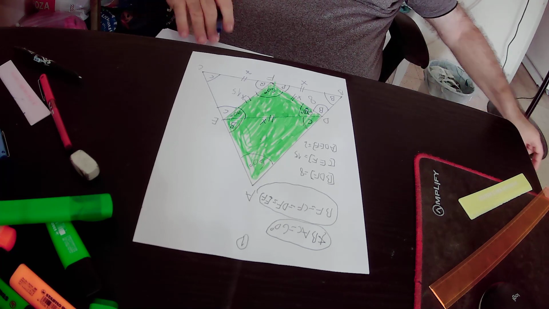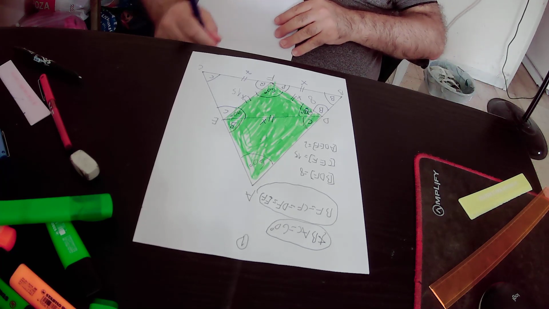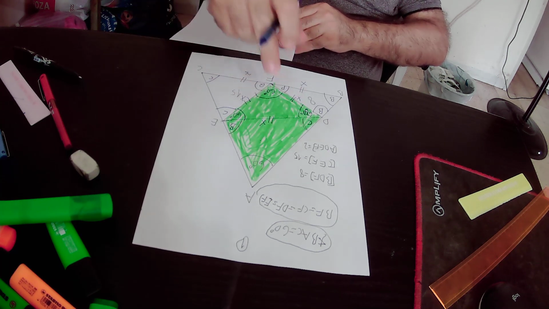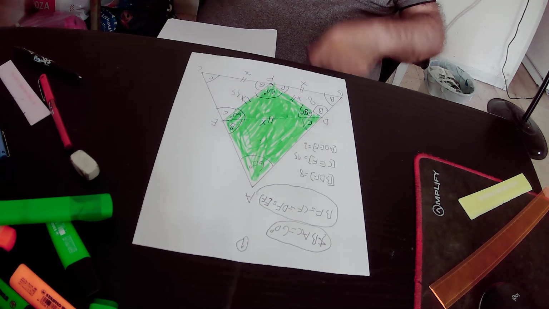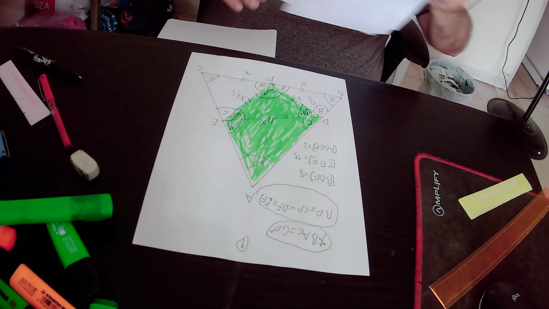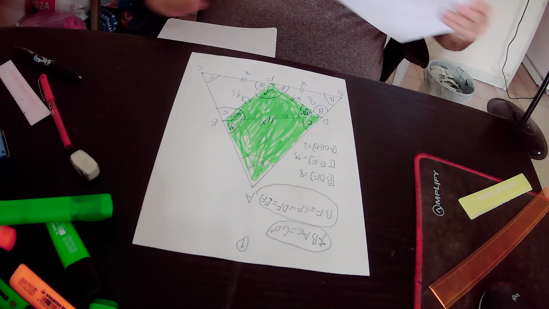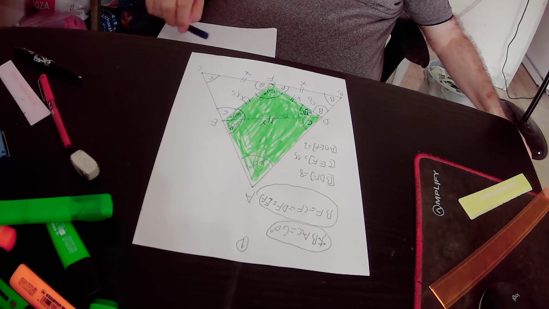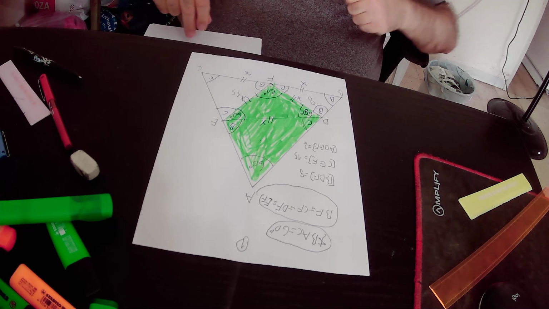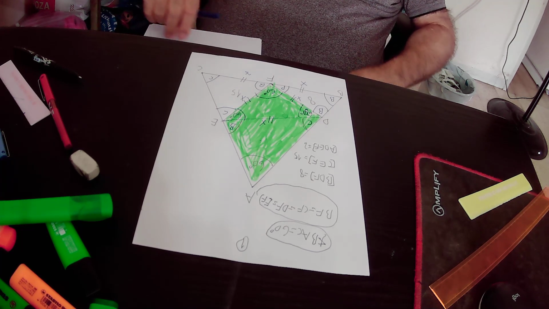So actually, triangles ABC and triangle ADE have exactly the same angles, and we will prove that those two triangles are similar to each other.